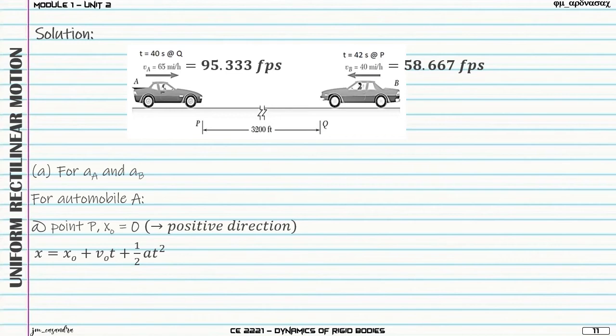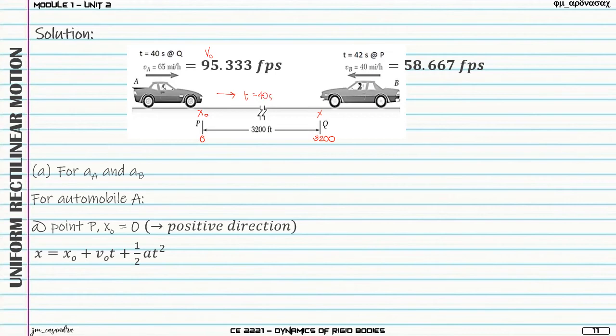For A, x sub O is 0, final position is 3,200, and 95.33 is our V sub O. The total time to travel from point P to point Q is 40 seconds.